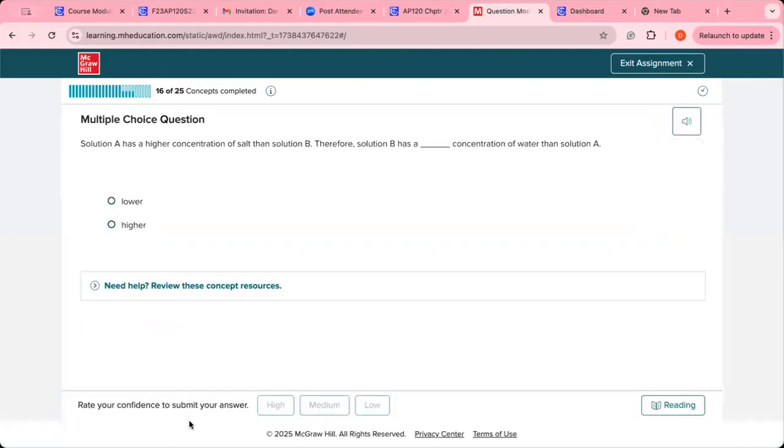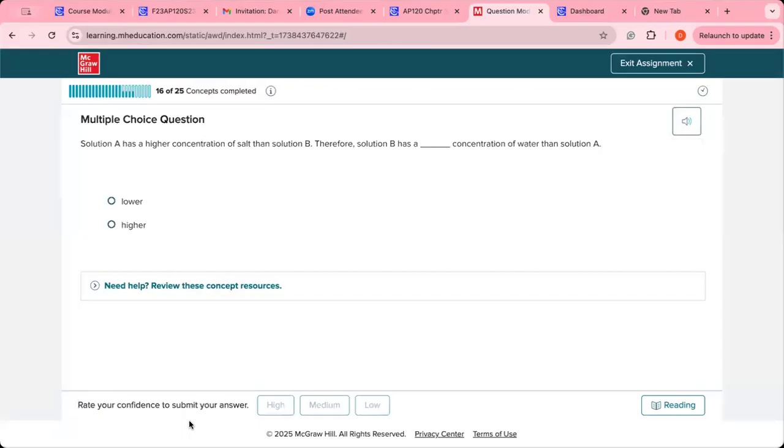Solution A has a higher concentration of salt than solution B. Therefore, solution B has a blank concentration of water than A. Okay. So basically, A contains their saltwater solutions.